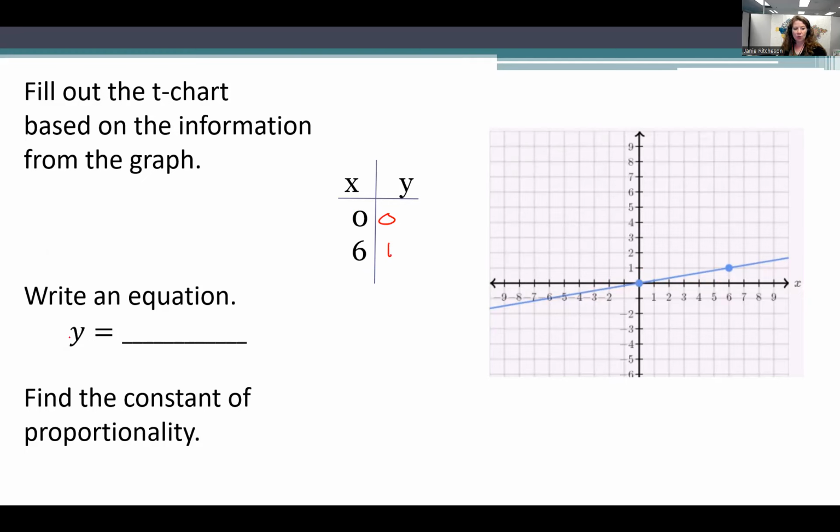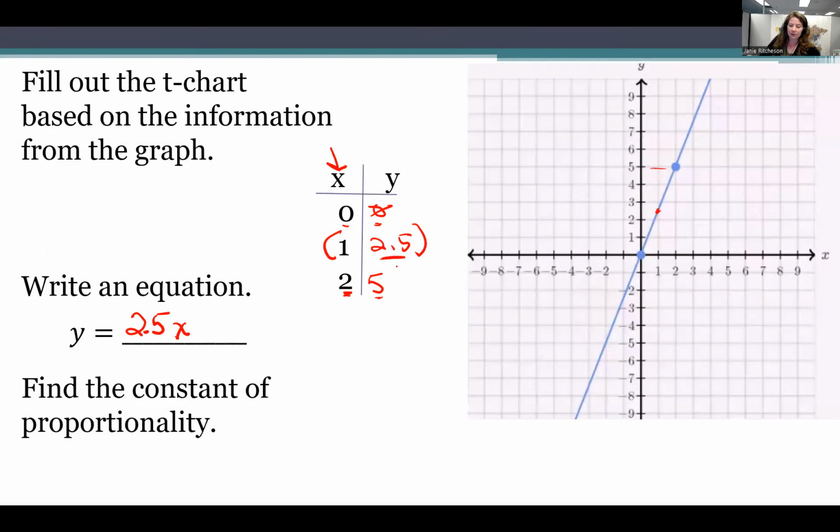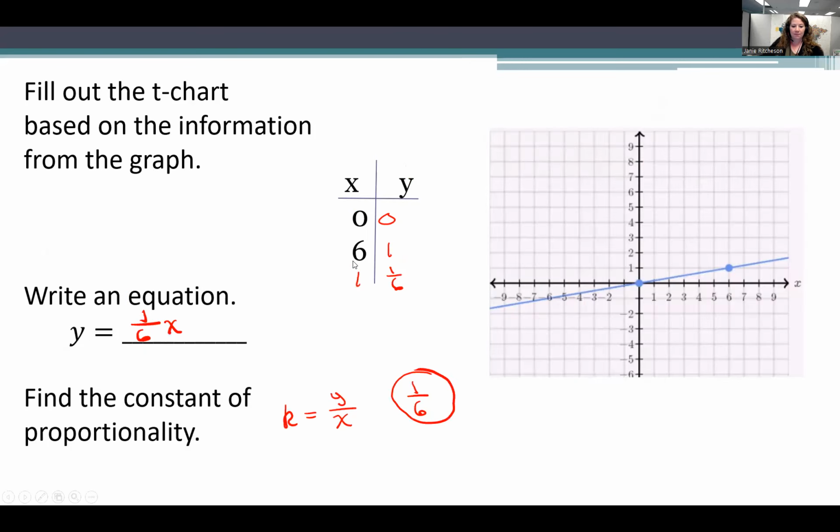So we don't know what Y is when X is 1, but we can always find the constant of proportionality by dividing Y by X. So if I put Y over X, my equation is 1/6 X. What is the constant of proportionality? It's 1/6. It's not 6, it's what Y is when X is 1. So when X is 1, Y would be 1/6. That one was a little bit more complicated.